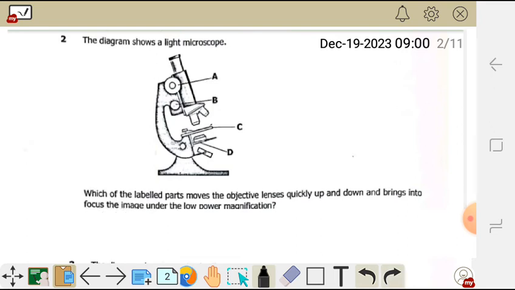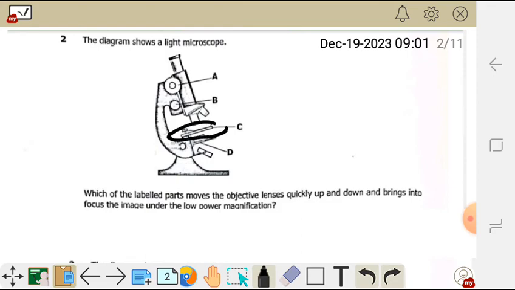So here, to focus the image, you are going to use the adjusting knob, which is A. It is going to move the objective lenses in order to focus the image on the microscope. For B, which is the fine adjusting knob, that one is for fine focusing.